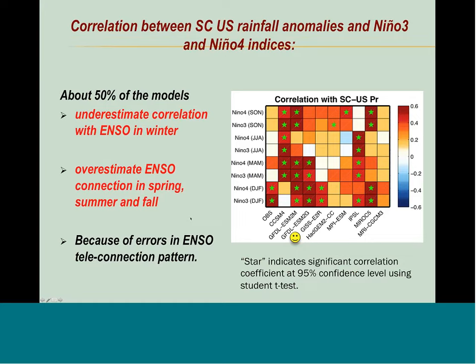The leftmost column represents observation. So you can see that the observation shows significant correlation only in winter between rainfall over south central U.S. and the Niño. Whereas the model tends to exaggerate this connection during spring, summer, even fall season.